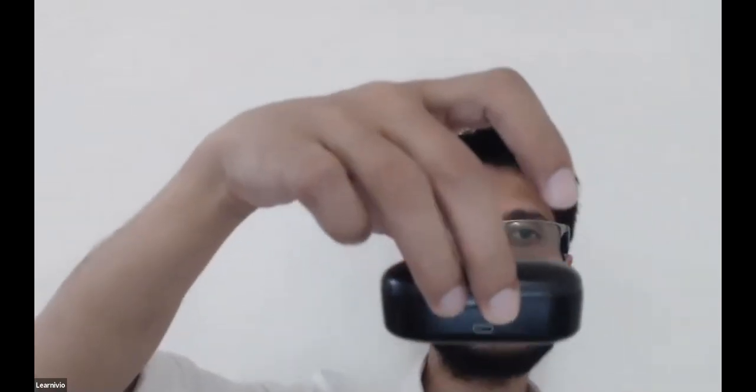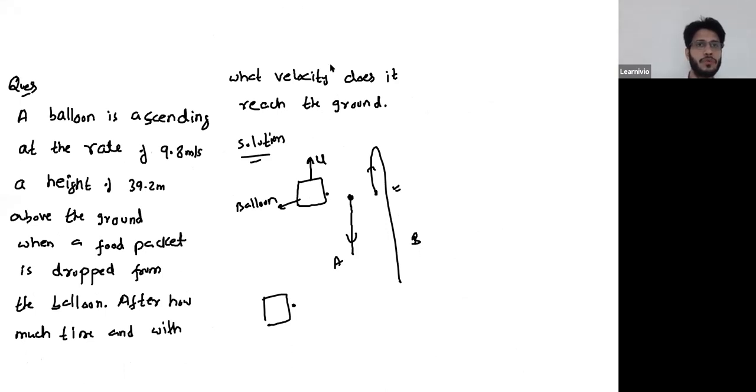So this packet will initially go in an upwards direction and then it will go in a downwards direction. So rather than A, the correct answer would be B. The packet will move first in the upwards direction.